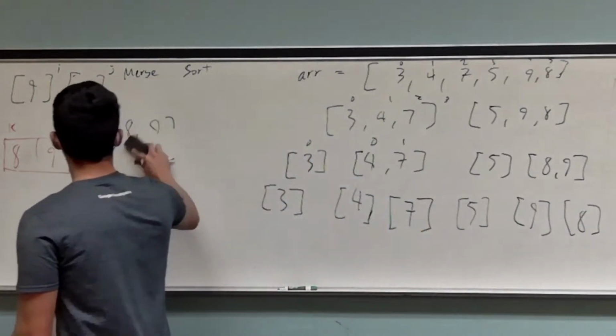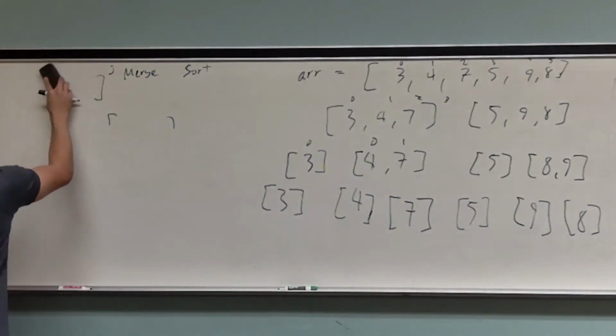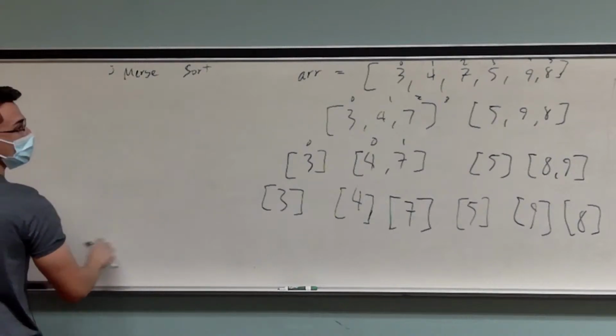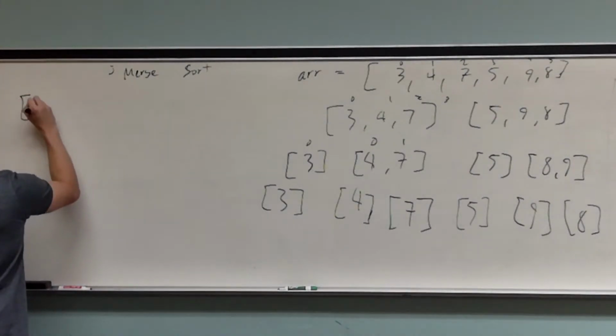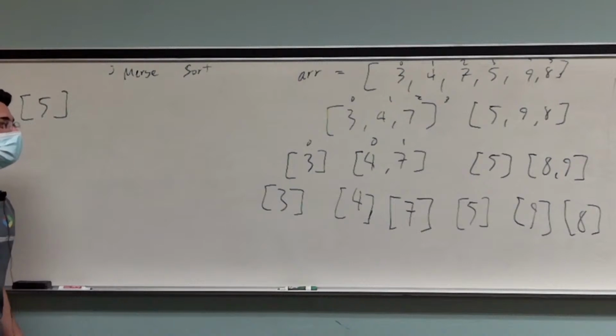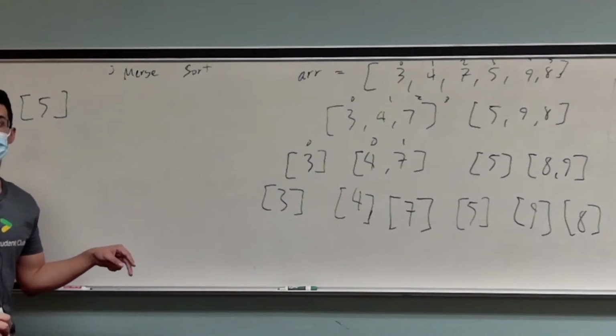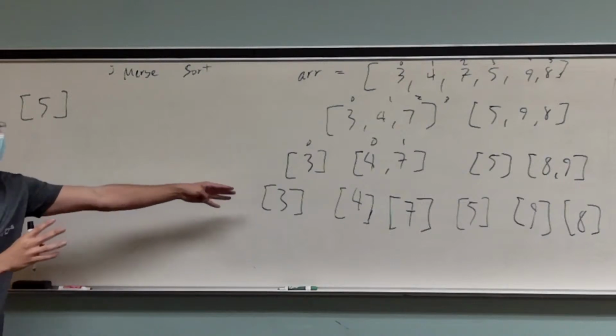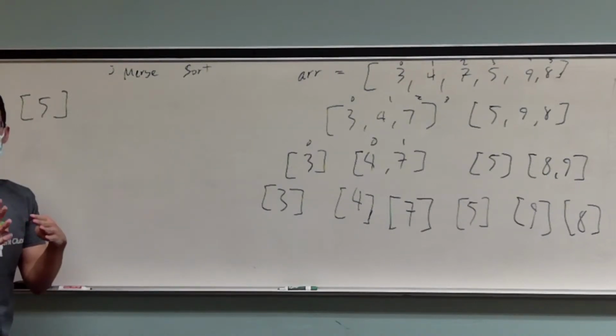So, not this. So when it returns, like where does it go? So we're going to use recursion, right? So we're not actually making a new array. We're indexing the original array. I'll show you what I mean.